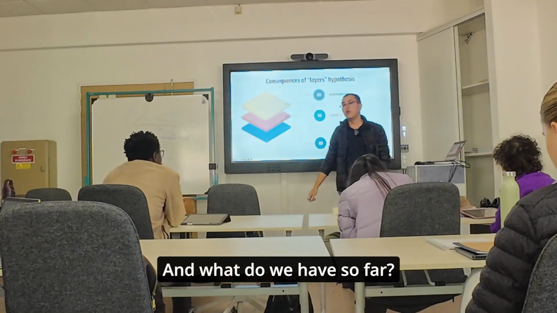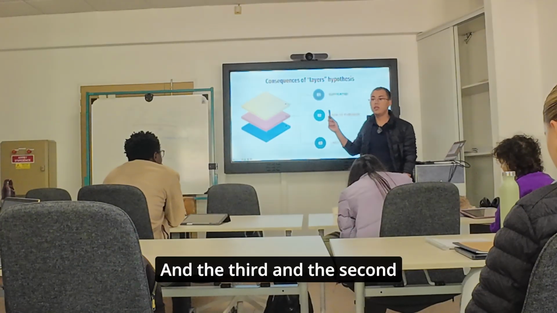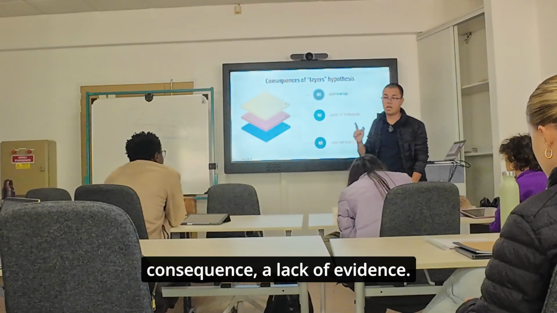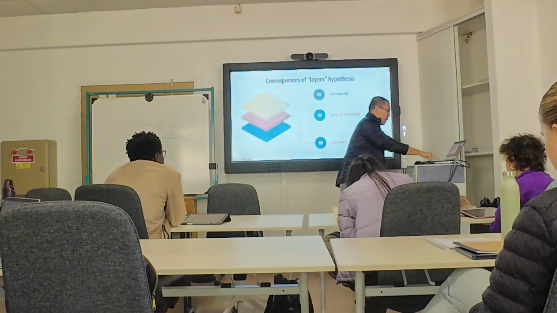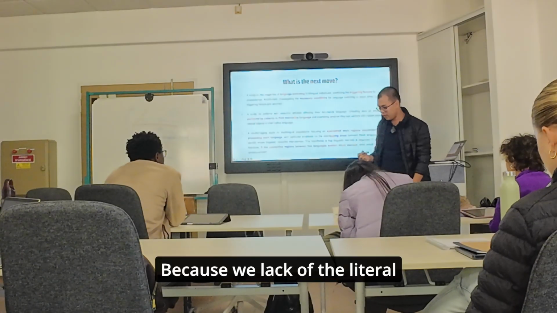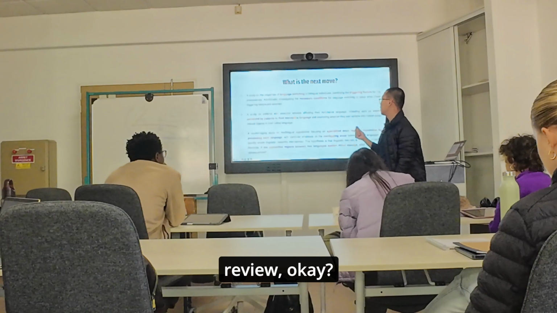And what do we have so far? Only the first one is supported, and for the second and third consequences, there is a lack of evidence. Why? What should we do next? Because we lack the literature review.